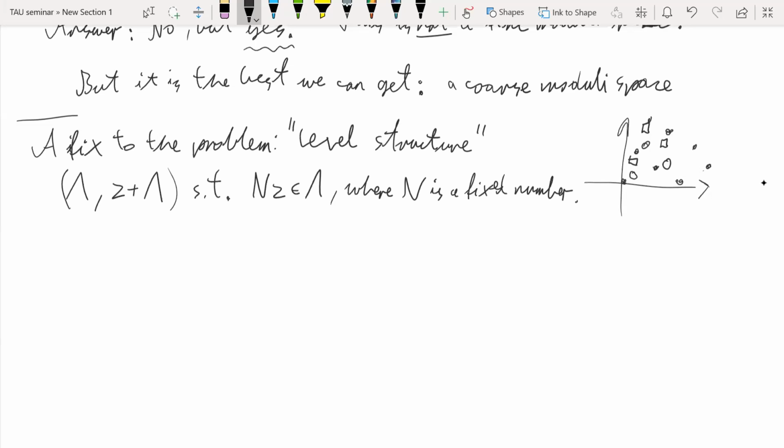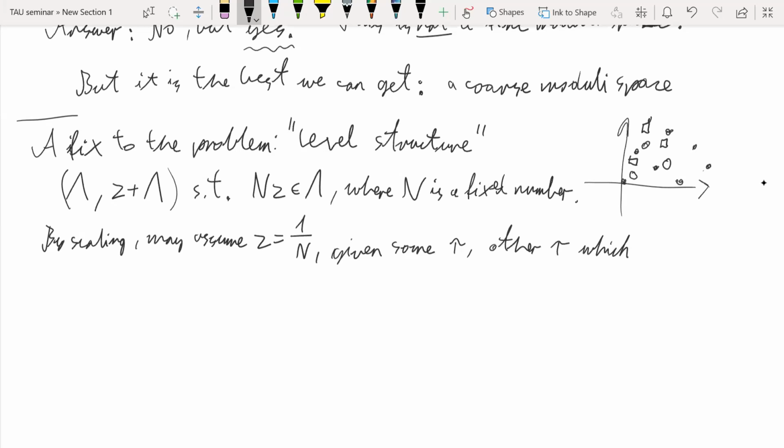Then one can show by an argument similar to the one above that by scaling we may assume z is equal to 1 over n, and then given some tau, the other tau which work for it, which give an isomorphic lattice but also preserve this point, are going to be (a tau plus b) over (c tau plus d), where ad minus bc is again plus or minus 1.